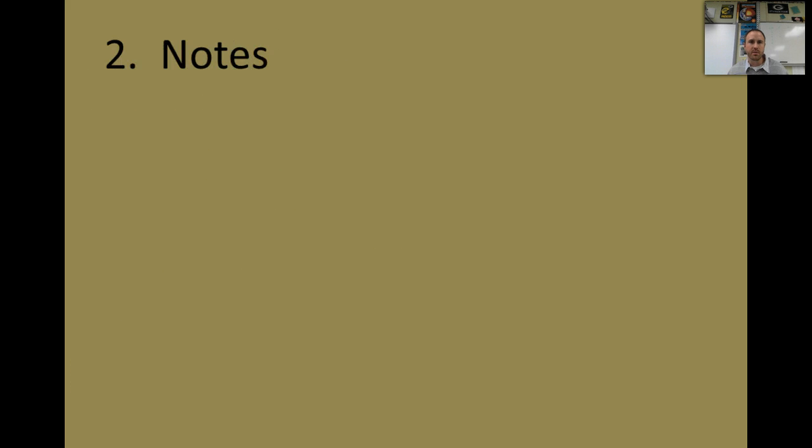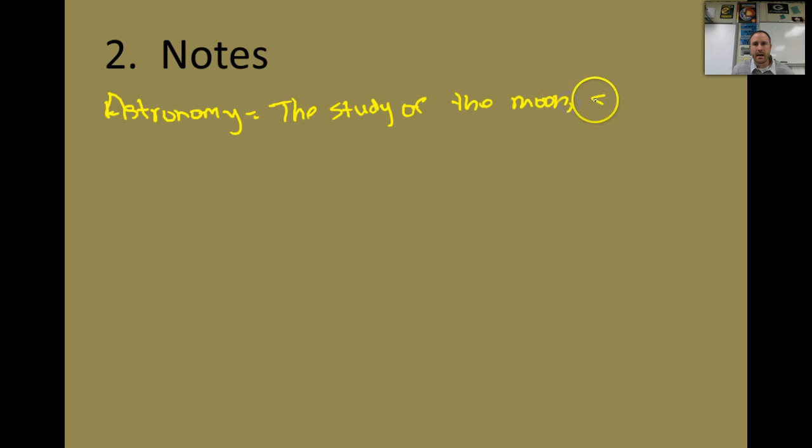Let's take a look at some of the notes and try to tie this back in together. To start with, we need to look at what our overall topic is, which is astronomy. And astronomy, by definition, is going to be the study of the moon, stars, and other objects in space.